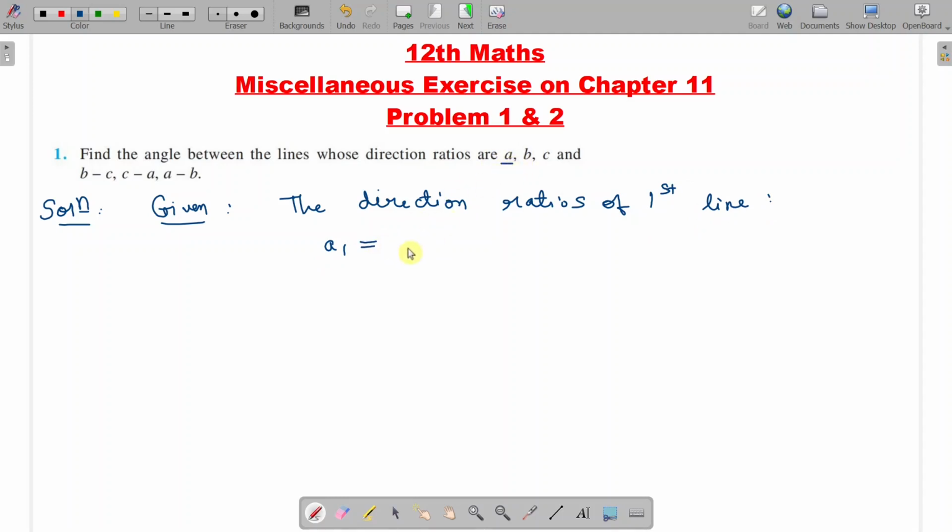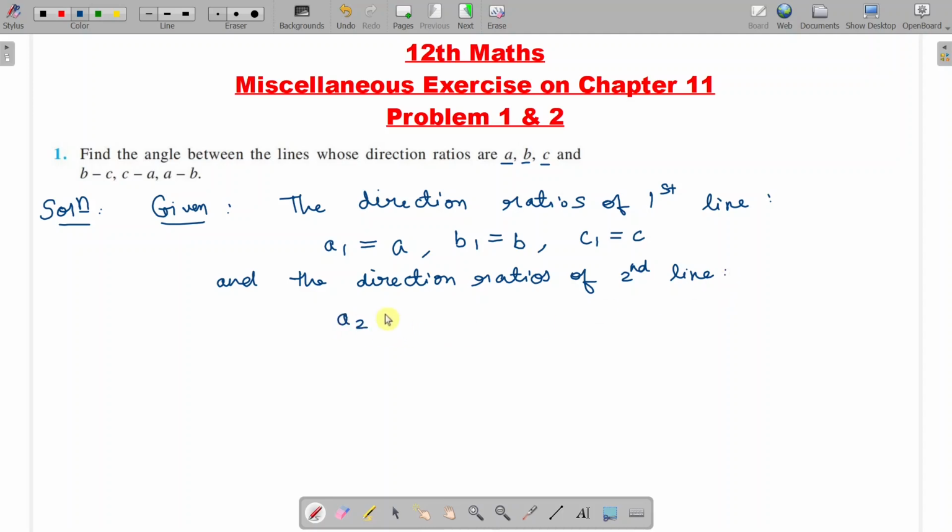So A1 is equal to A, B1 is equal to B, and C1 is equal to C. And the direction ratios of the second line: A2 is equal to B minus C, then B2 is equal to C minus A, and C2 is equal to A minus B.